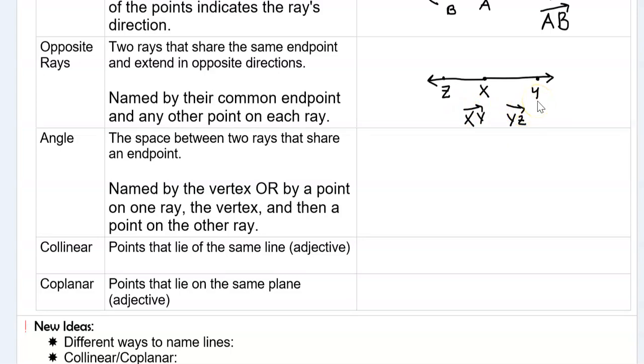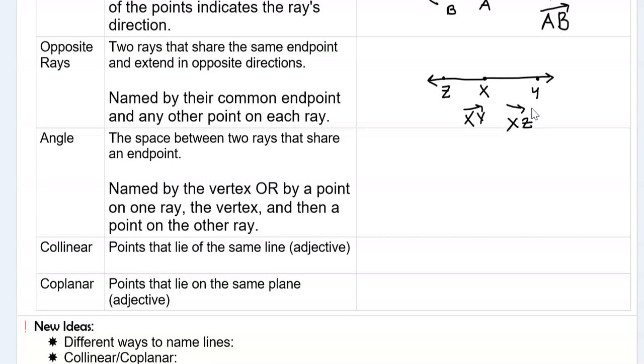And what do you notice? Oh, wait, that was totally wrong. I'm going to have ray XZ because they have the same endpoint. So it'd be ray XZ. So even though ray YZ goes in the same direction as XZ, I have to use X because that is the endpoint that they share.